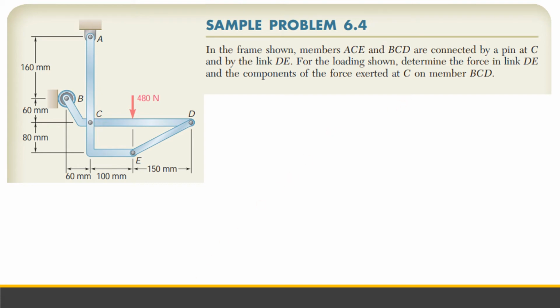Okay, so first and foremost, una natin is yung free body diagram. So let me use this figure na lang for the free body diagram. At A meron tayong hinge. So hinge is meron siyang X and Y na component, no?